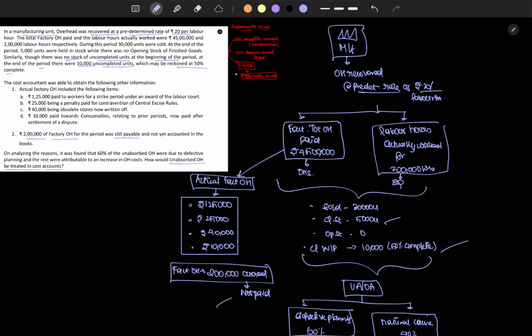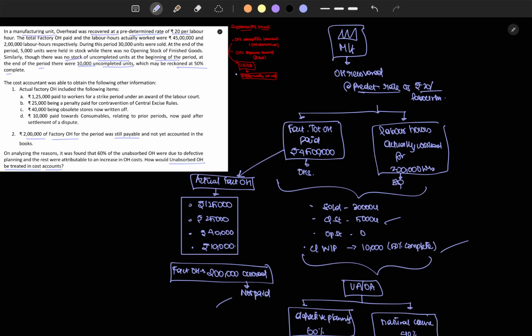So today we have seen another step, which is how we can calculate the under absorbed. If there is absorbed overhead, then there should be actual overhead also, right?